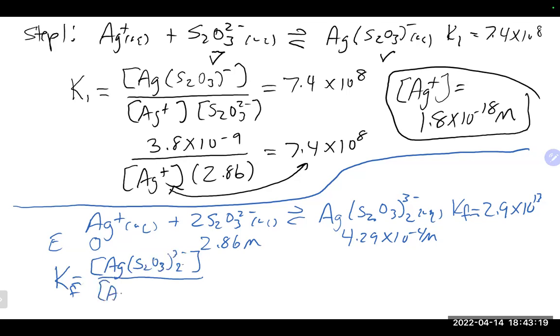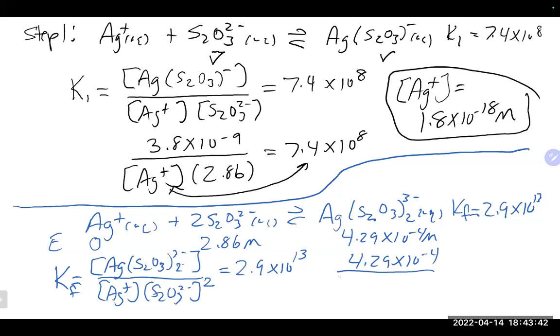divided by the silver times the S2O3 2 minus, and here would I need to square it? I would need to square it because we're using that equation that we see there that has a 2, and that would equal our 2.9 times 10 to the 13. Putting in our values would get us 4.29 times 10 to the minus 4 divided by the silver concentration times our 2.86 squared would equal our 2.9 times 10 to the 13.